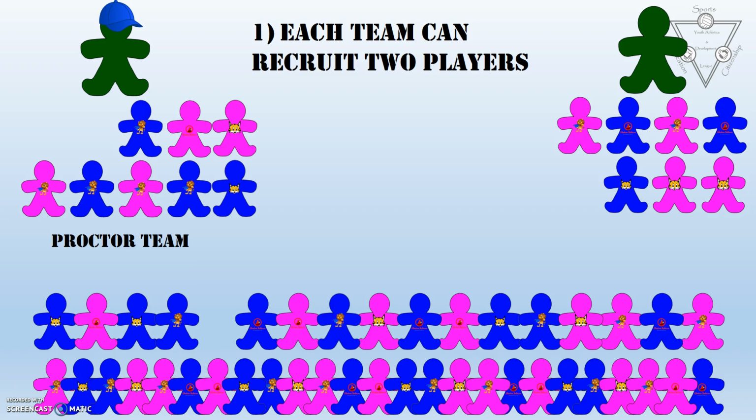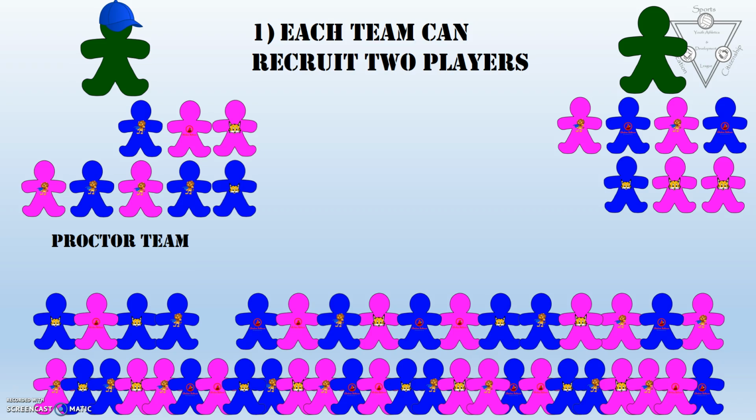So for that reason, 2 rules I'm going to stick with are, if the player was on your team last year and wants to play for you this year, they will play for you this year. There won't be any kicking people off your team. And number 2, like I just said, you will only be able to handpick 2 players for a team.